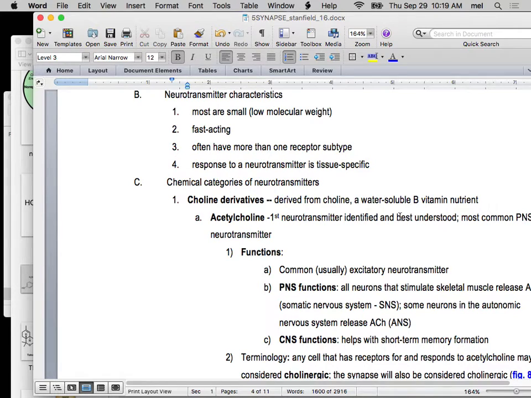So listen for its chemical category. That's how they are originally organized. And I know a lot of us hate chemistry. You're not the only one. The reason this chemistry would be important is because neurotransmitters that are chemically similar get categorized together, and sometimes drugs act on all of them, or they have a similar reuptake mechanism or a similar breakdown mechanism.